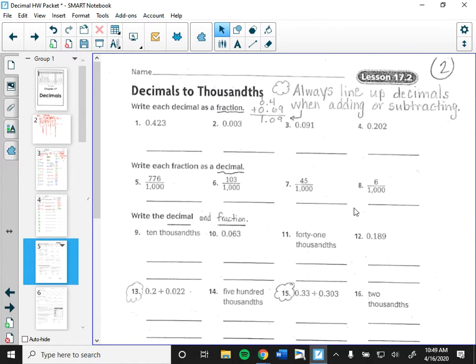We're on page 2, looking like this. It says decimals to thousandths. Let's get started here.